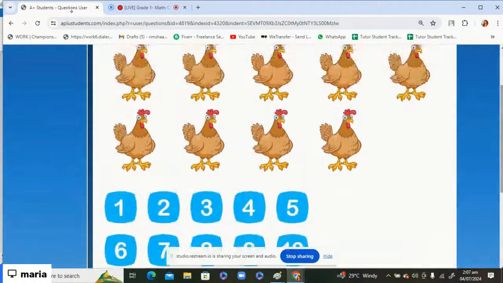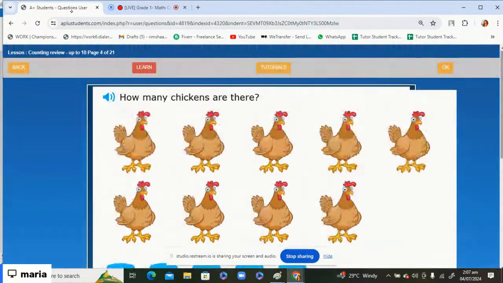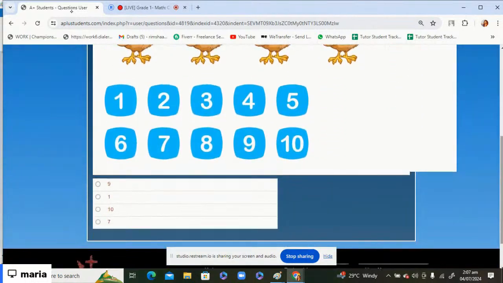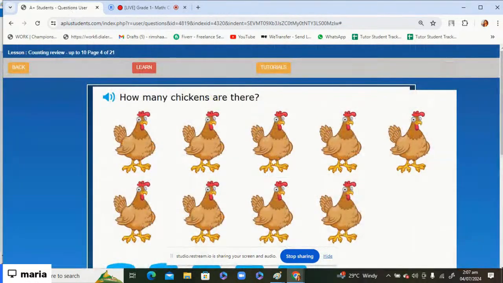My answer is nine. Okay, now you guys tell me how many total chickens are there? Are these nine or not? When I counted, total are nine. Yes, good, it's nine. So let's check, is there any option for nine? Yes, it's here. So we go with that one.